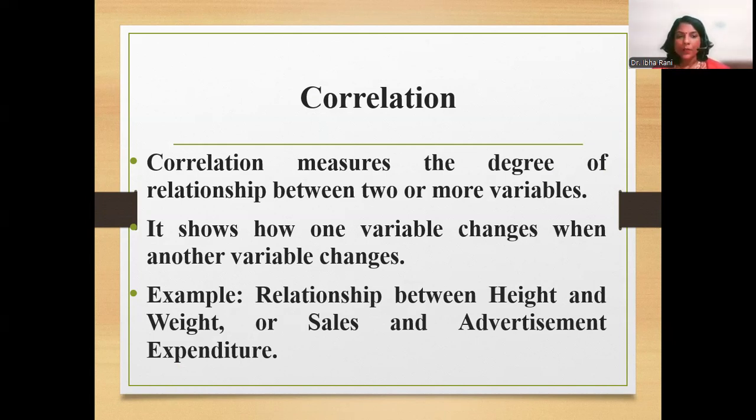Any two variables, how they are related to each other, can be calculated through the statistical tool correlation. It shows how a change in one variable will impact the other variable. If any change is happening in the advertisement expenditure, how it will impact the sales volume of a company, you can calculate based on the correlation.